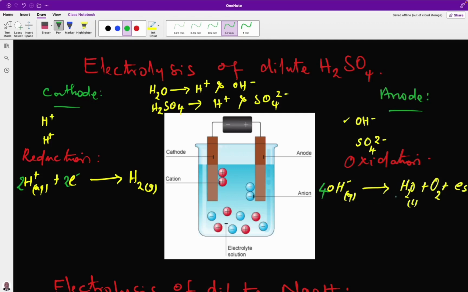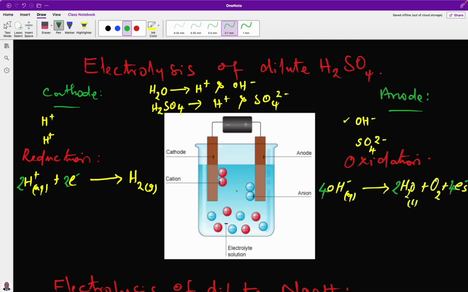Then, if we put a 2 here, it will balance the hydrogen. It will be 4 hydrogen and 4 hydrogen, 2 oxygen on this side and 2 oxygen on this side. With 4 oxygen here, it balances everything. Then, electrons are still there. There are 4 negative charges here. So to balance with electron, what do we do? We put a 4 here.